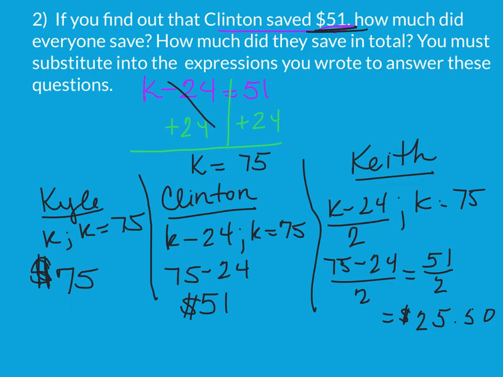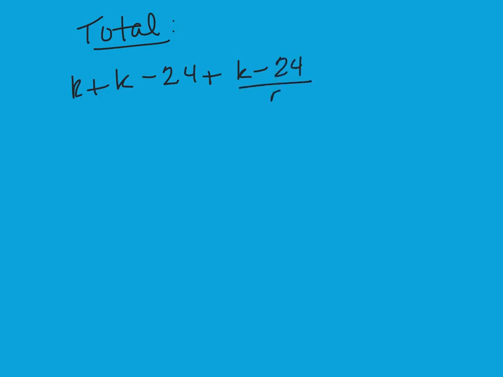Okay, so obviously I don't have enough room here to find how much they saved in total. And don't forget using the expression that we wrote. So for the total, the expression that was written was k plus k minus 24 plus the quantity of k minus 24, divided by 2.